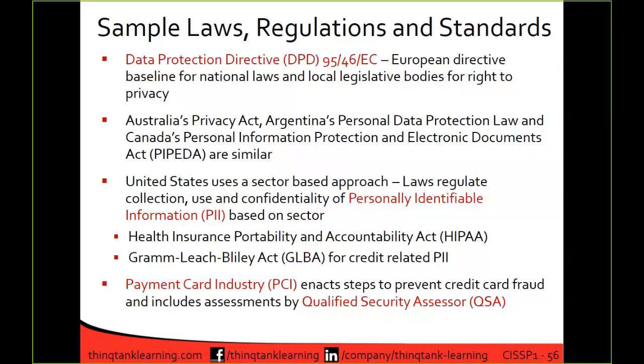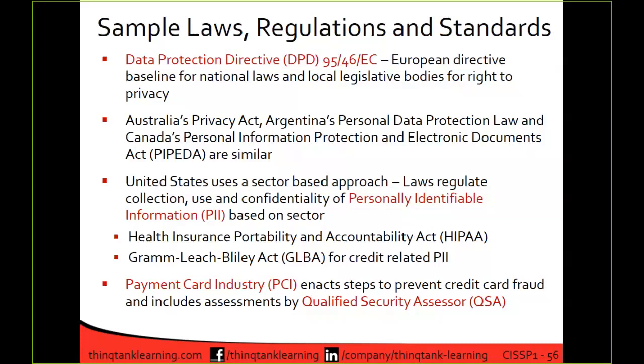We did a self-assessment, but it was just a questionnaire that identified how we handled that information. Now, PCI DSS is supposed to be implemented by anybody that processes, stores, or transmits credit card information.